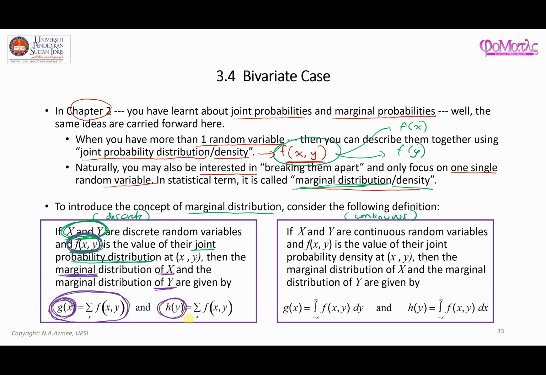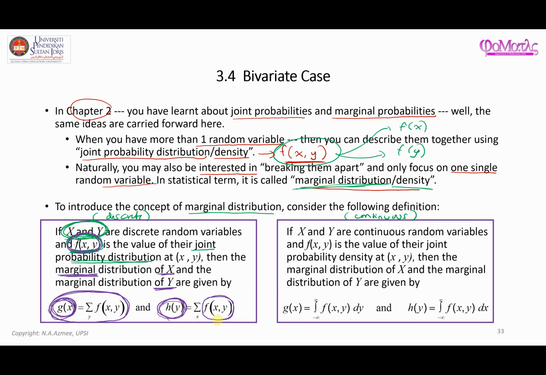In order to find, for example, this marginal distribution of y, you need to sum up the joint probability distribution. So this is the joint probability distribution, and you're going to sum this up across all x's. You have the sigma notation here, which represents the process of adding up the values.